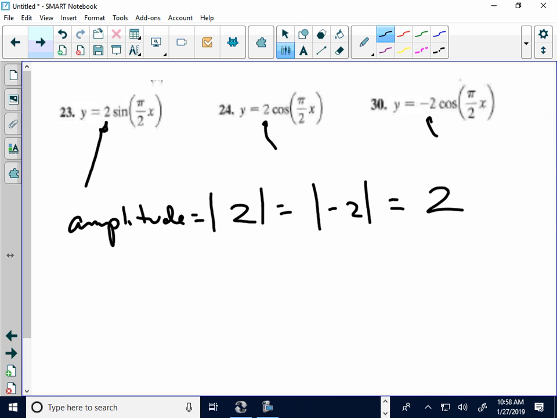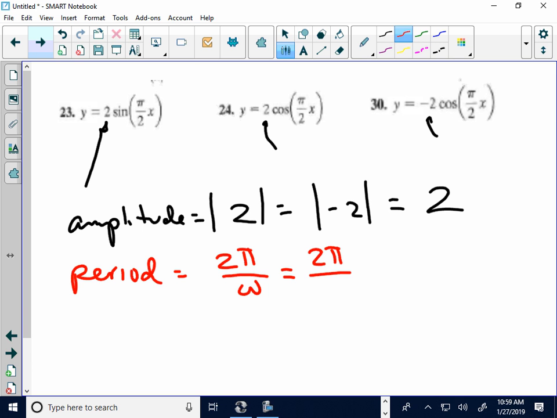The period, or the wavelength, or the cycle, all mean the same thing, and it is always 2 pi divided by omega. For all 3 of these, we have 2 pi divided by pi over 2, which is the same as 2 pi times 2 over pi, which is equal to 4, because the pi's cancel. So we have a period of 4.